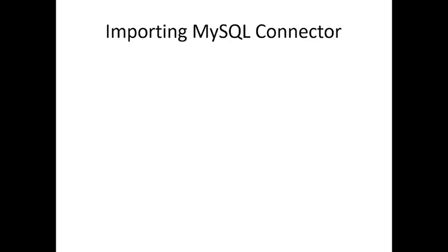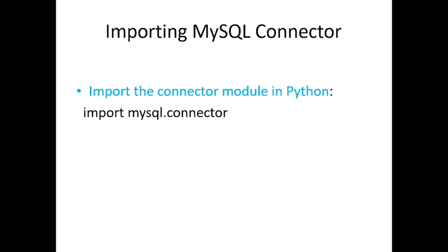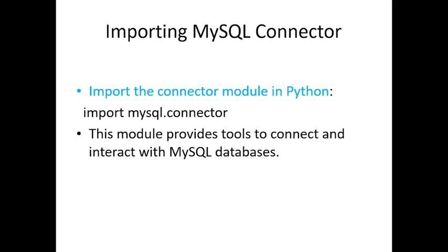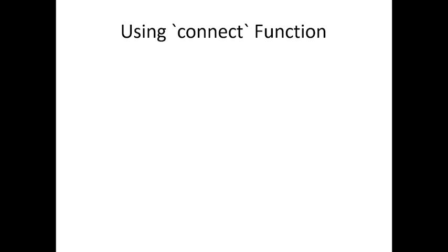Next, importing MySQL connector. To import the MySQL connector, you have to use the command import mysql.connector. By using this command, this module provides the tools to connect and interact with a MySQL database. So how to use this module? First, using the connect function.